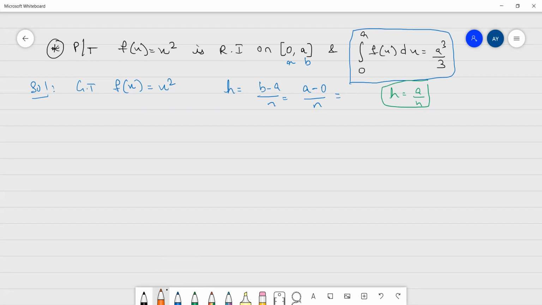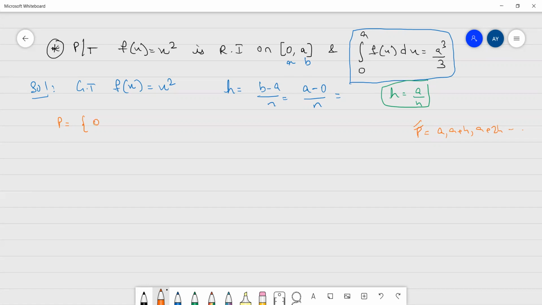Now moving on to the partition P. What is the partition actually? a equals x0, x1, x2 and so on. But what have we seen in the note point? You have to take partition P in such a way that you get a plus h, a plus 2h and so on. So based on this, we define the partition.